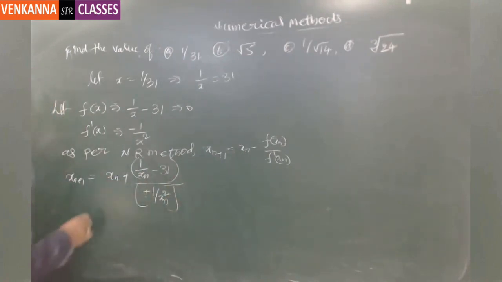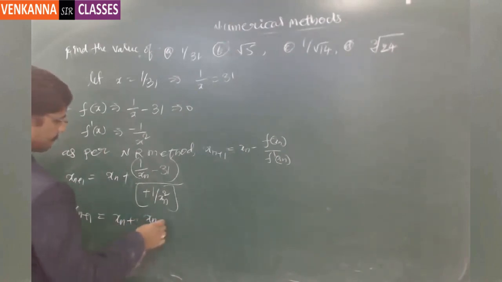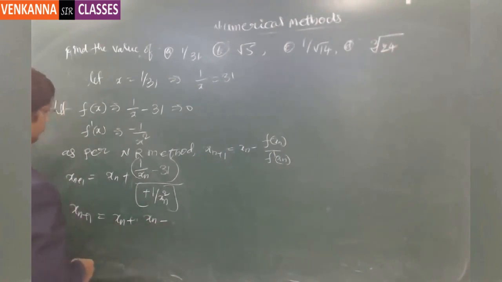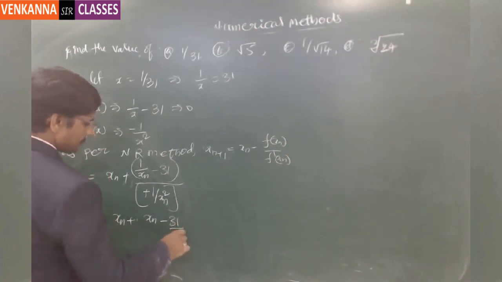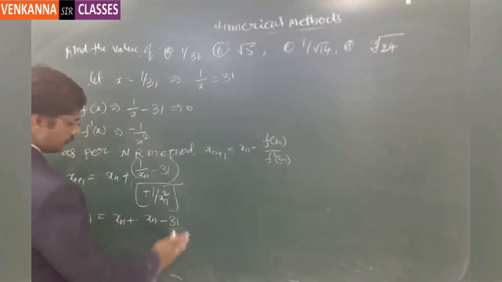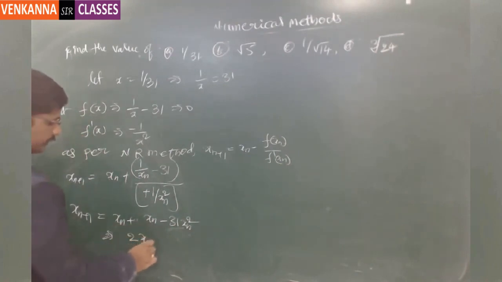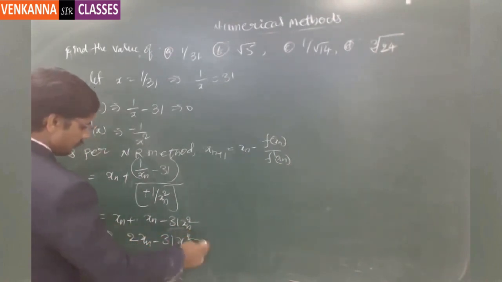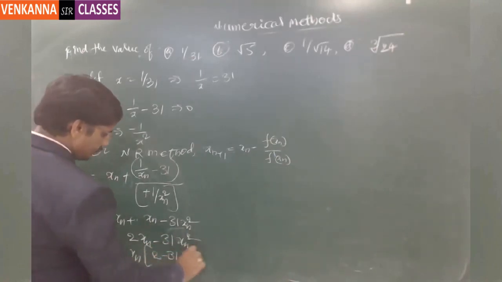This minus minus will go, and then xn plus 1 equal to xn plus xn minus 31 xn square. So this is 2 times xn minus 31 xn square, and then if you take xn out, xn times (2 minus 31 xn). So this is the function value.